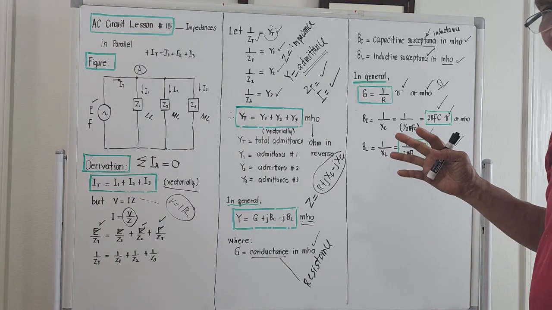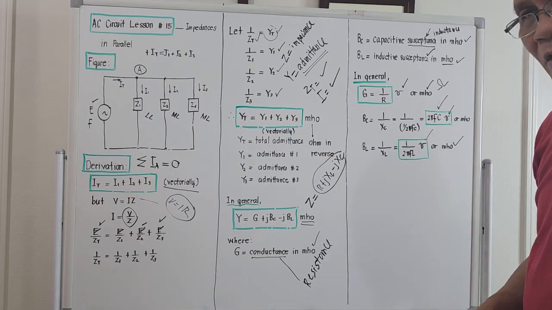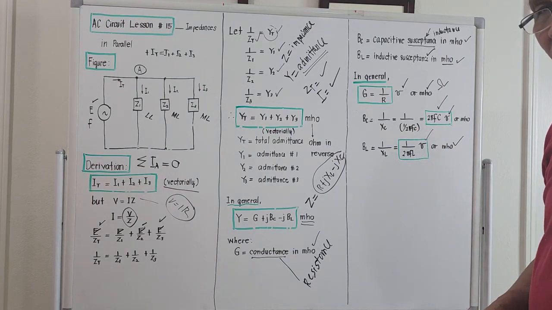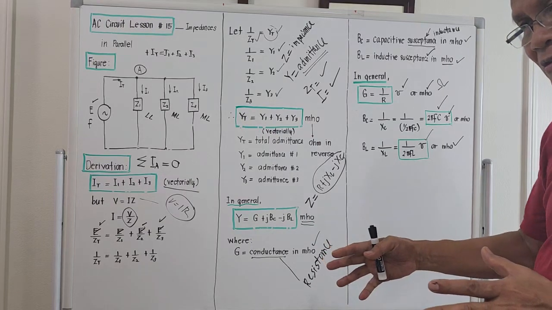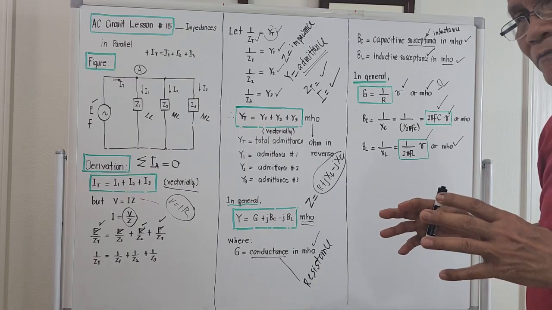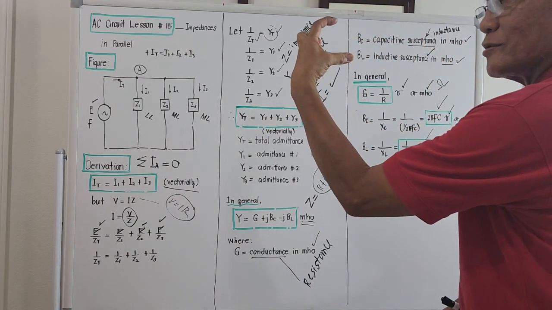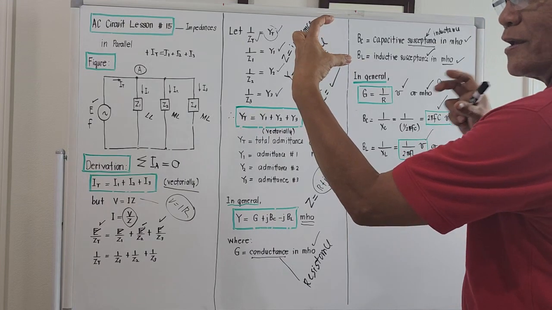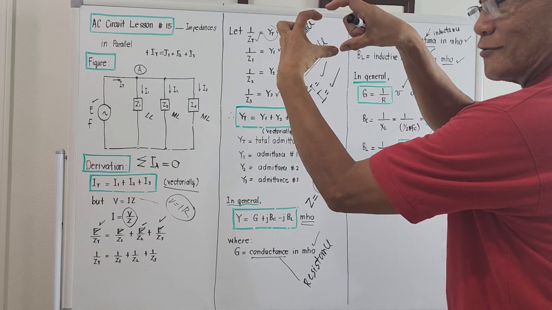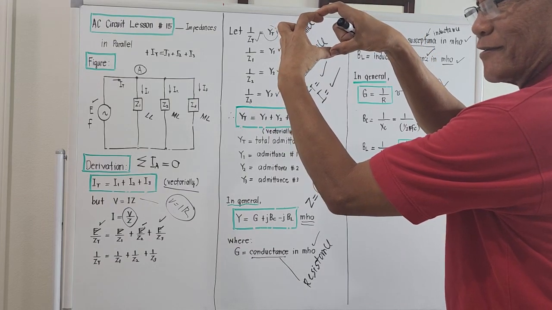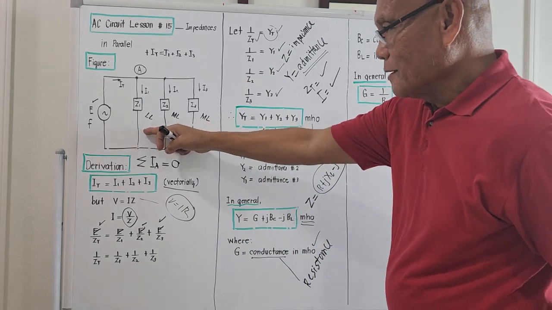And take note of this one, guys. This is the real connection in real life. All our connections in the houses and even in the industry, the connections are in parallel. Meaning to say, you got two lines here, so to make a load alive, just tap your load over here. And that connection is actually parallel. You keep on tapping, that's why the connection is parallel.